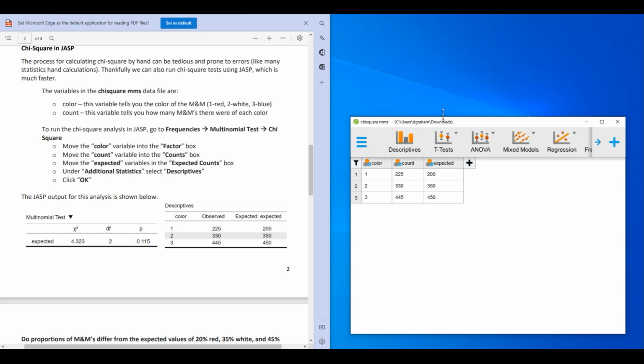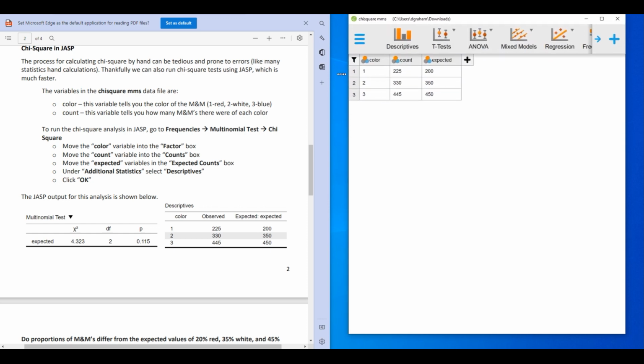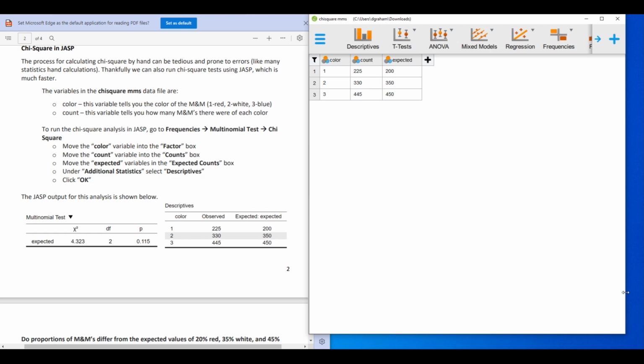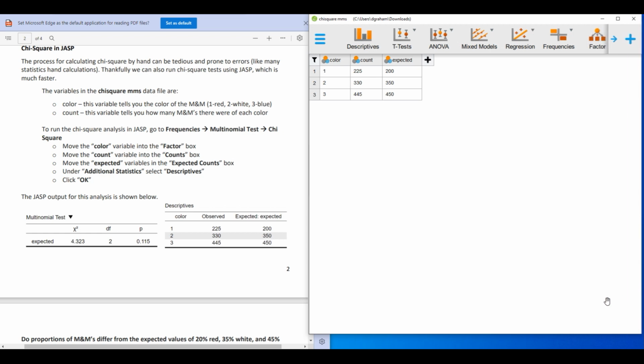Go ahead and close that and get this where we can see it. Now, in our data set, our variables include color, and this variable tells us the color of the M&M, so whether an M&M was red, white, or blue.